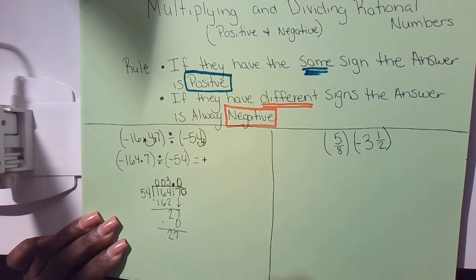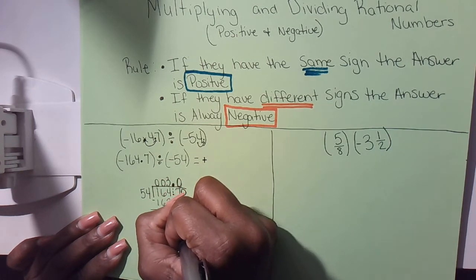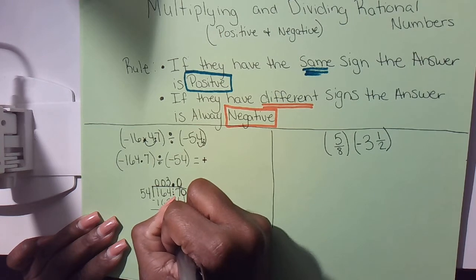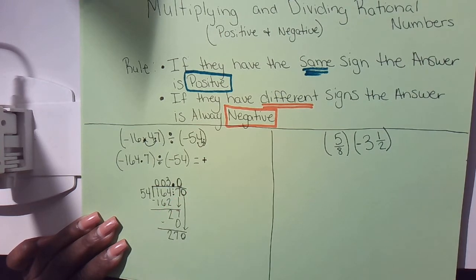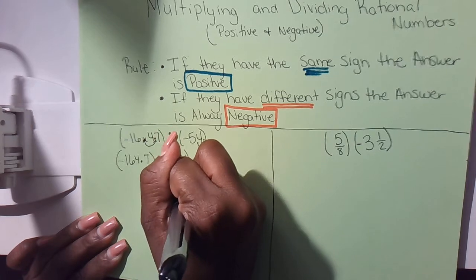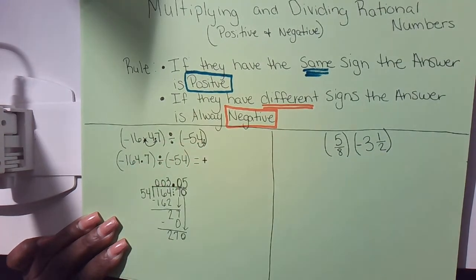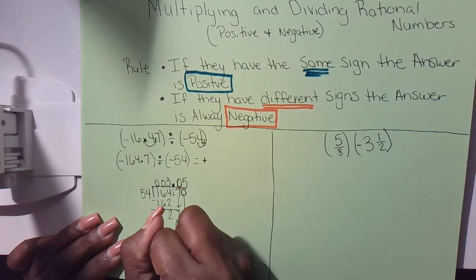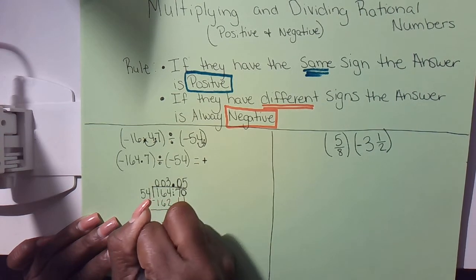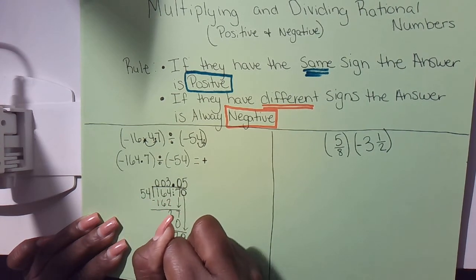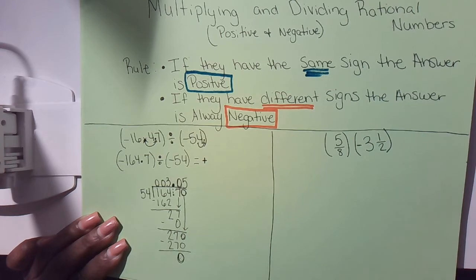I'm going to go ahead and add a 0 behind and bring that down as well. 54 can go into 270 5 times, because 5 times 54 gives me exactly 270. I can subtract and I'm left with 0 pieces left over.